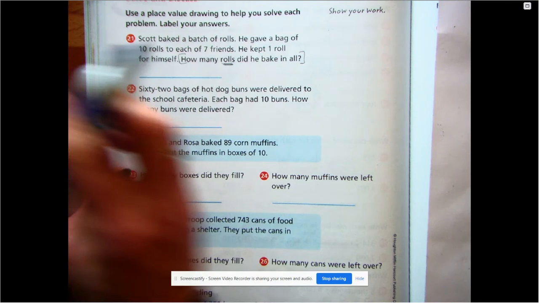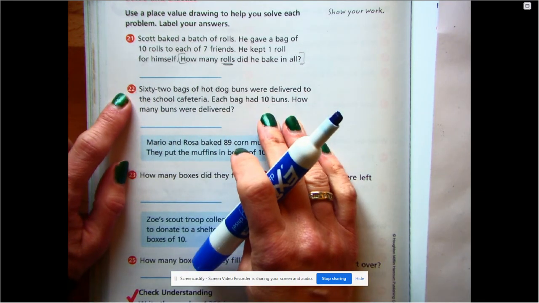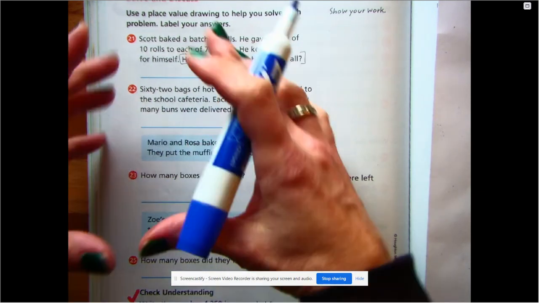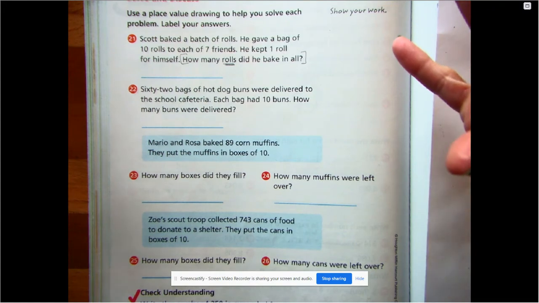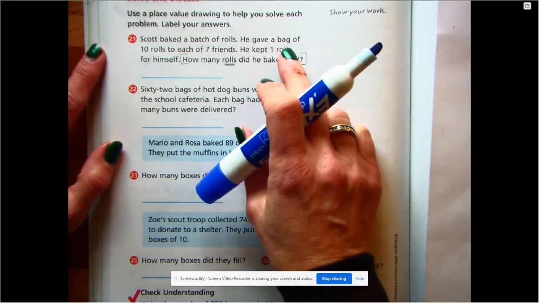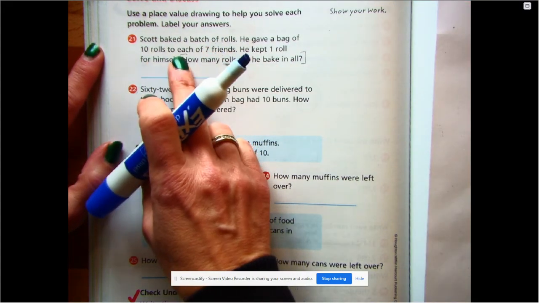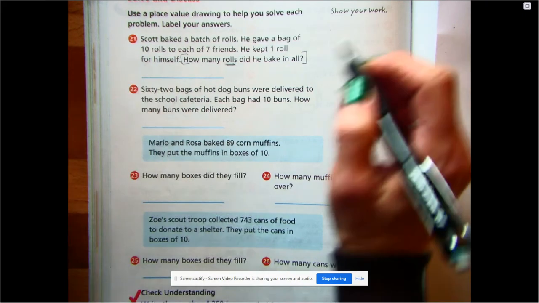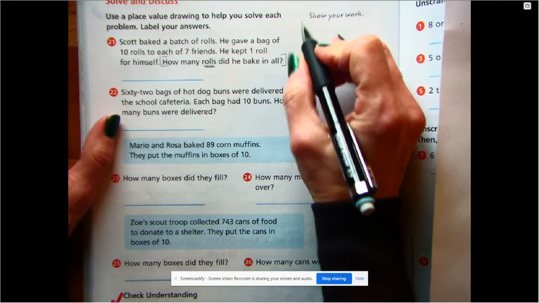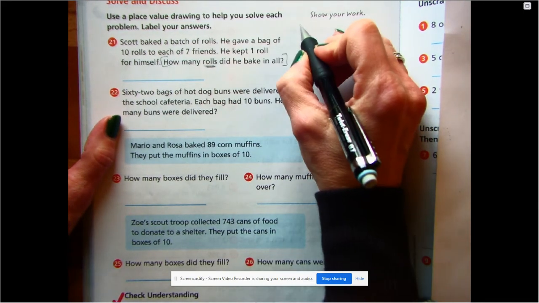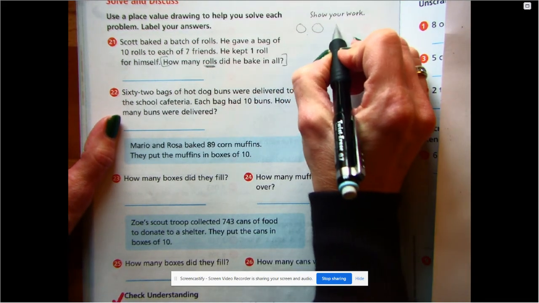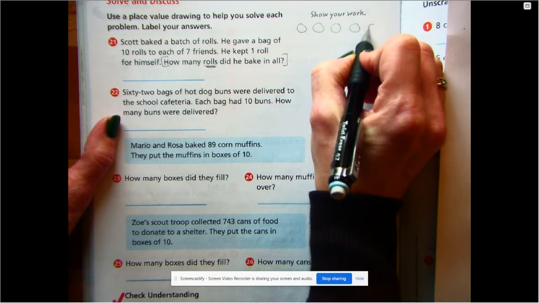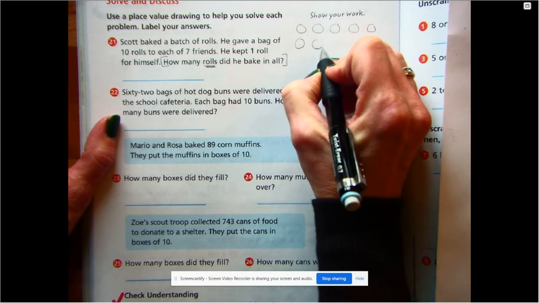Okay, so if Scott baked a batch of rolls, a batch is just a big amount, right? A lot of them. He gave a bag of 10 to each of his 7 friends. Okay, so if he's got 7 friends, I'm going to draw 7 circles. I'm going to have room to do this over here. 1, 2, 3, 4, 5, 6, 7.